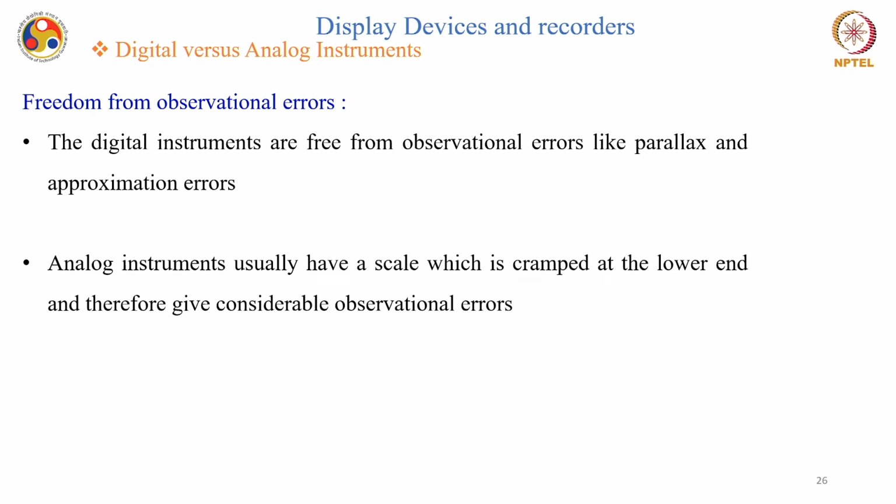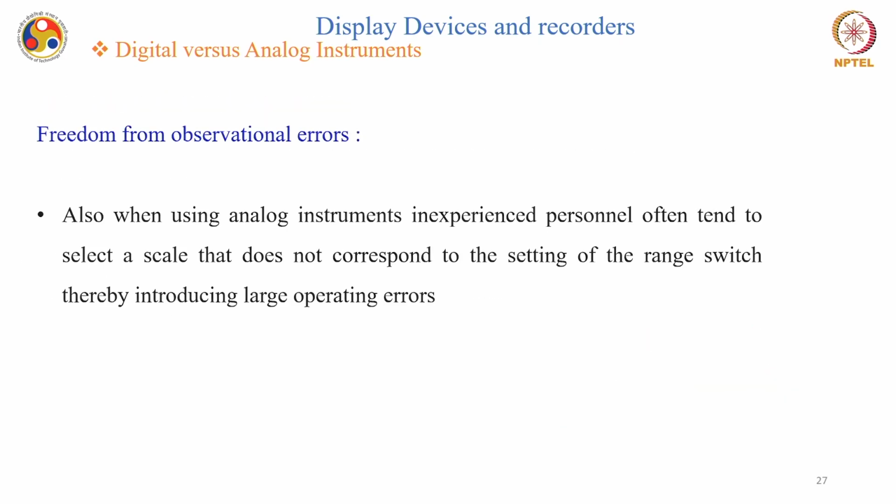Analog instruments usually have a scale which is cramped at the lower end and therefore give considerable observational error, particularly for the devices where the deflection is directly proportional to I square in place of I. We have seen that the lower divisions are cramped and in the higher regions you have divisions at larger spacing. So, for these devices the challenge is even higher.